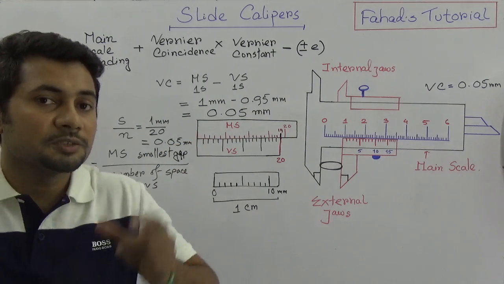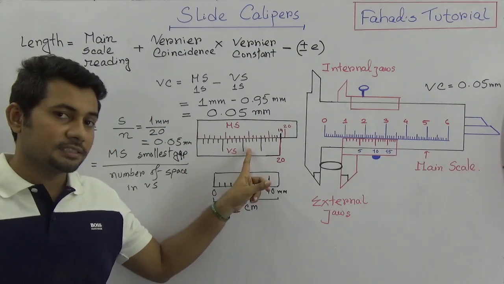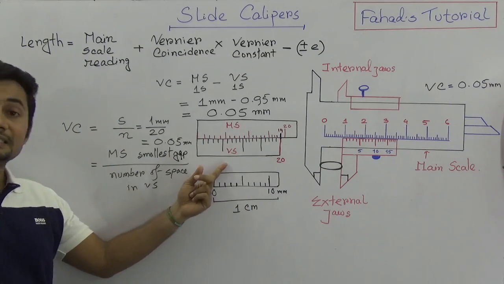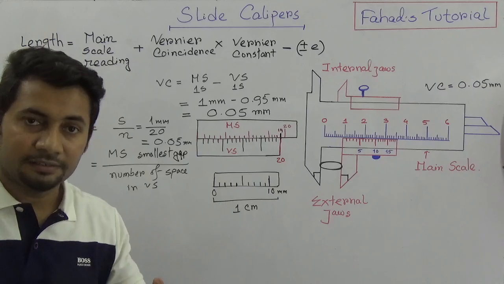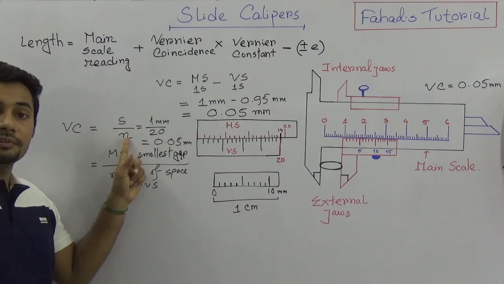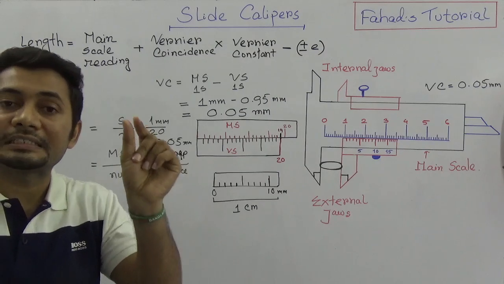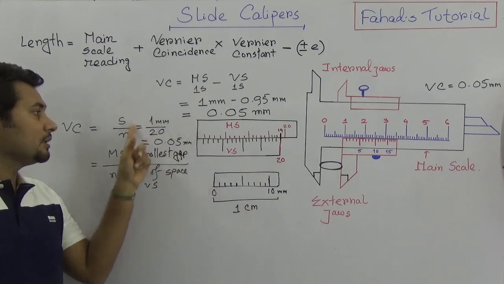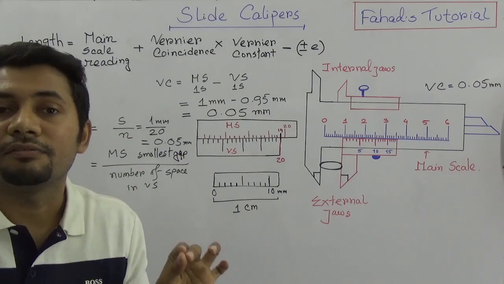If we know the smallest distance of the main scale and the number of Vernier scale divisions, we can easily find the Vernier constant by dividing S by N. So 1 millimeter by 20 is 0.05 millimeter, the Vernier constant.